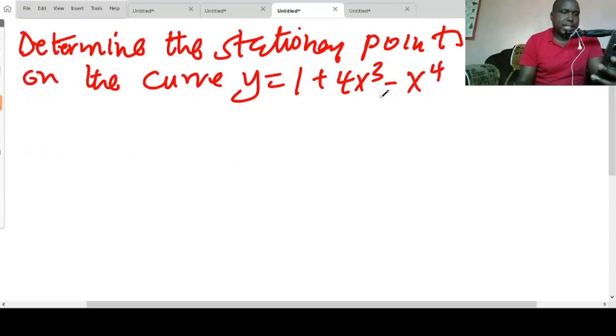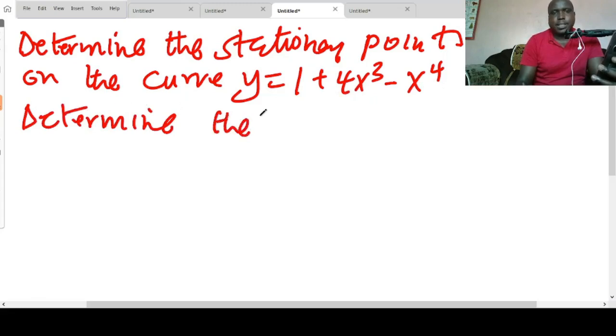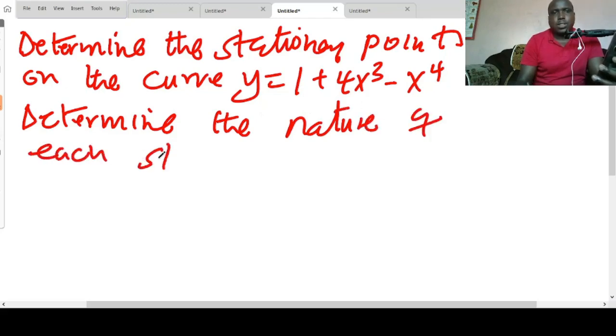Determine the nature of each stationary point.